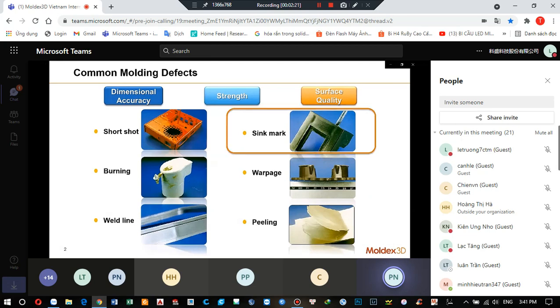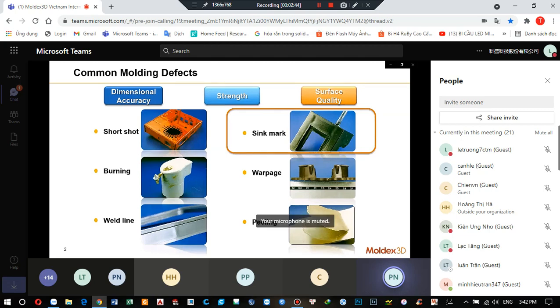So what is the seam mark? When we put our injection molding part under bright light, sometimes we can see a little bit of ups and downs on the surface. And this kind of ups and downs is not from the cavity design.